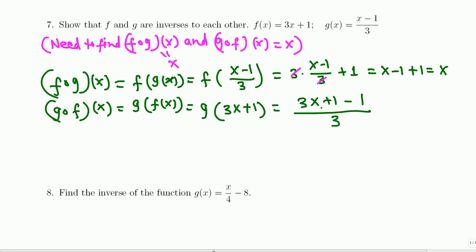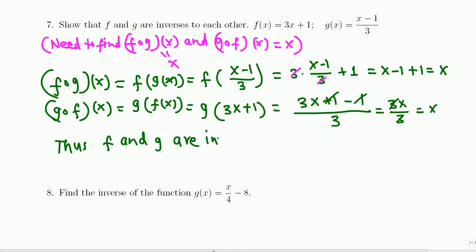The 1 and minus 1 cancel, leaving 3x over 3. The 3 cancels, just the x. Thus by definition f and g given in this way are inverses to each other. g is the inverse of f and f is also the inverse of g.